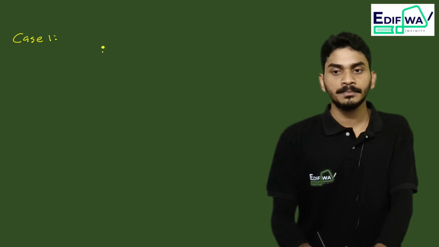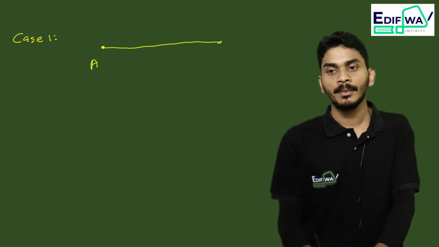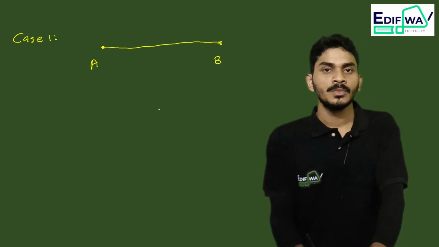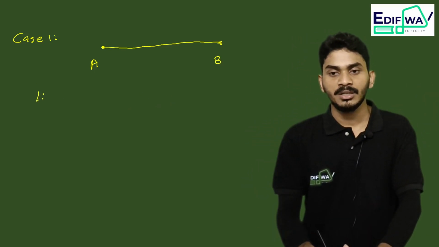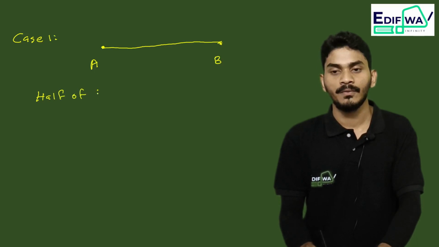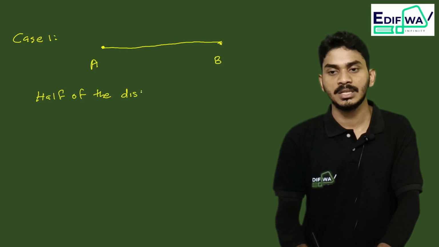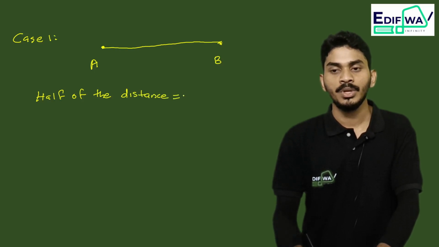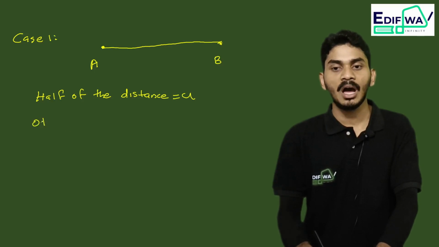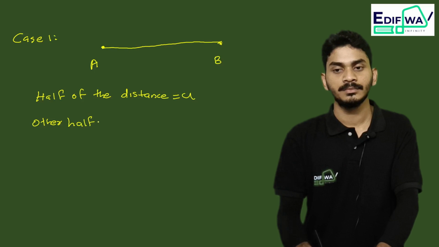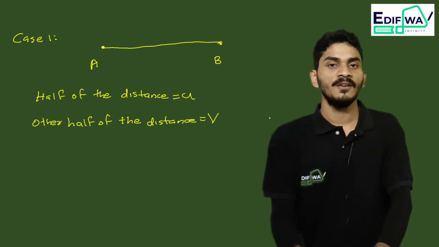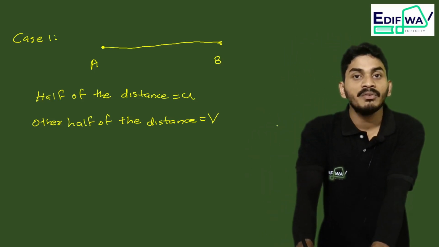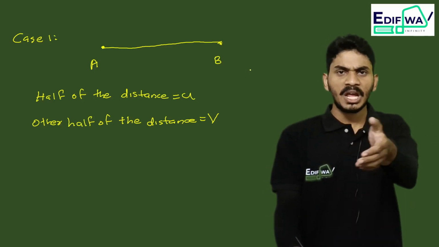Suppose a body wants to move from A to B. If the body travels half of the distance with a velocity u, and the other half of the distance with a velocity v, then what will be the average speed or average velocity, as the question demands?